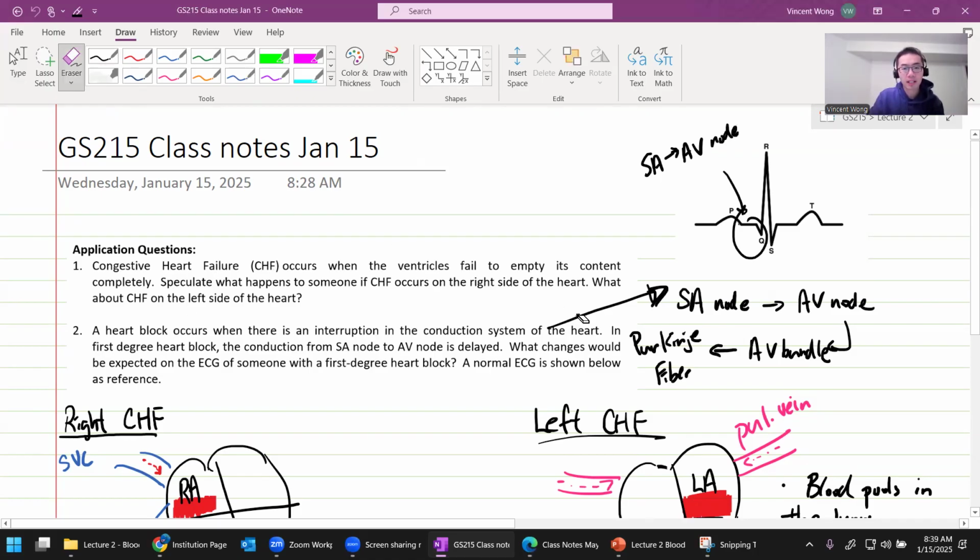So for someone experiencing a first degree heart block, because there's a delay, you would expect the distance between P and Q to be extended. That's all. So that one is pretty straightforward, I think.